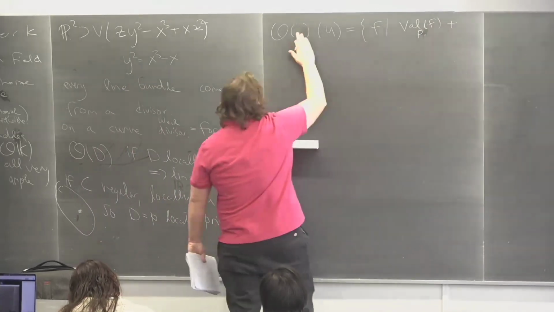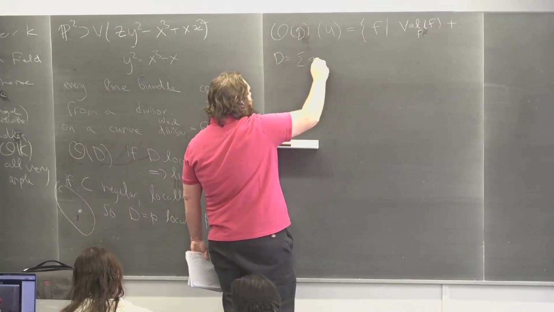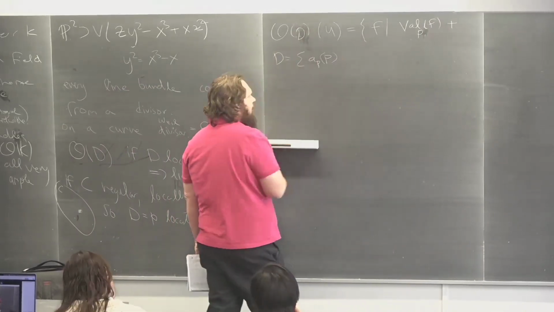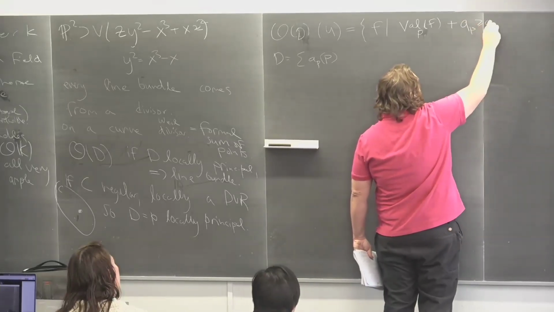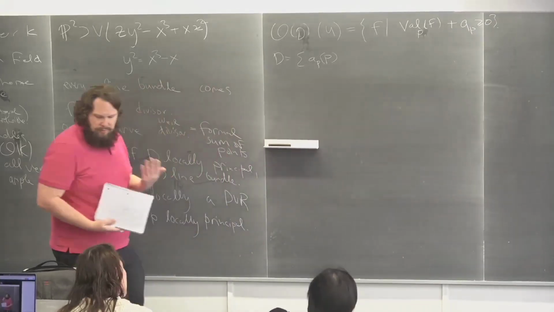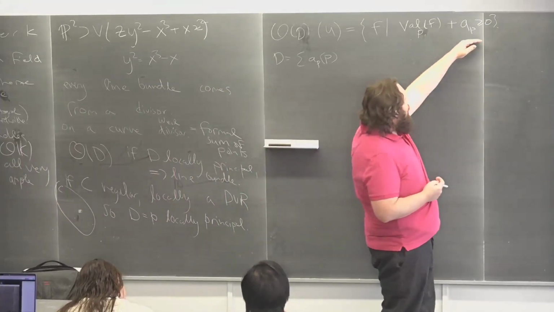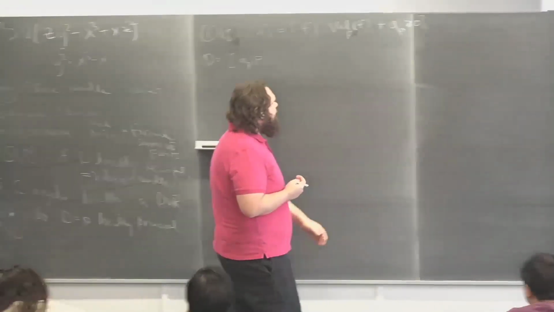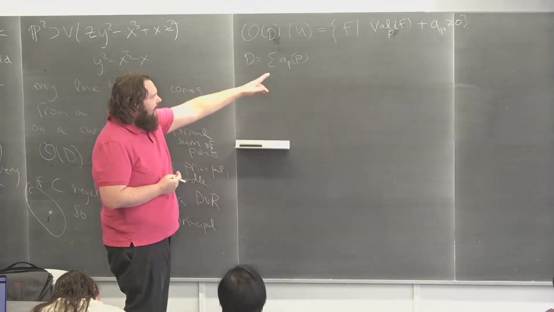let me write this out for general divisor first. This is going to be a sum of the classes of points. So I require that at this point, I get a positive number when I add in this AP.